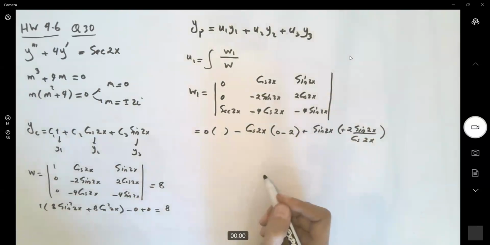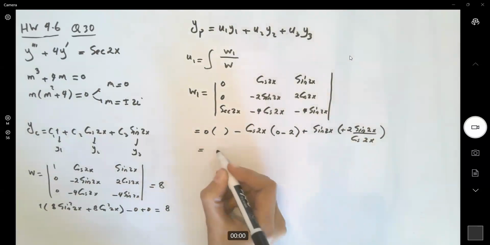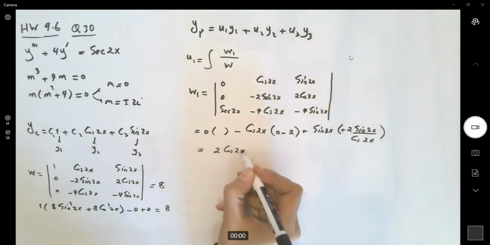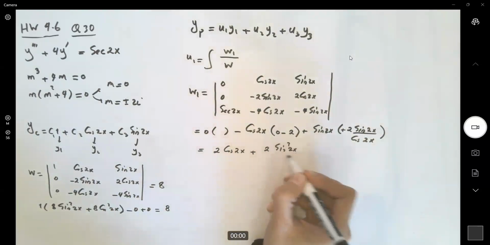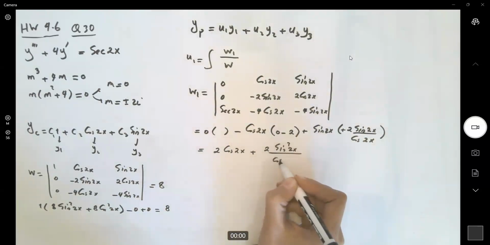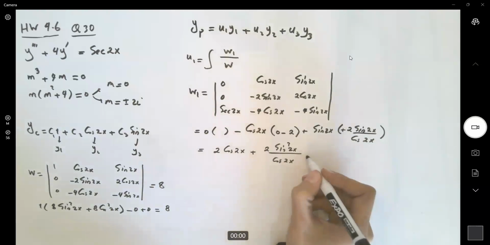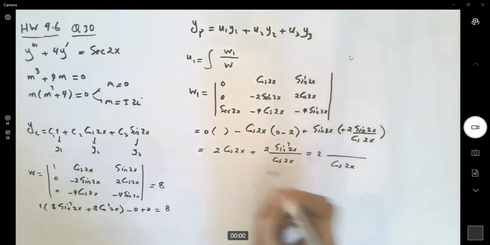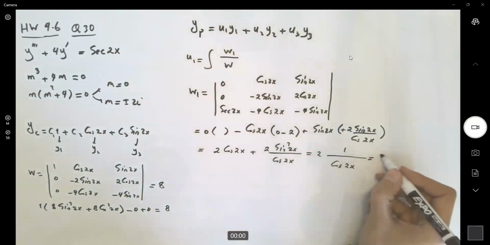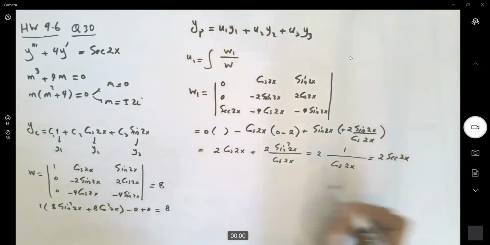Let's see if we can simplify this. This becomes 2 cosine 2x plus 2 sine squared 2x divided by cosine 2x. We can take the common denominator, which becomes 2 over cosine 2x times cosine squared 2x plus sine squared 2x, which is just 1. So the outcome is just 2 secant 2x.